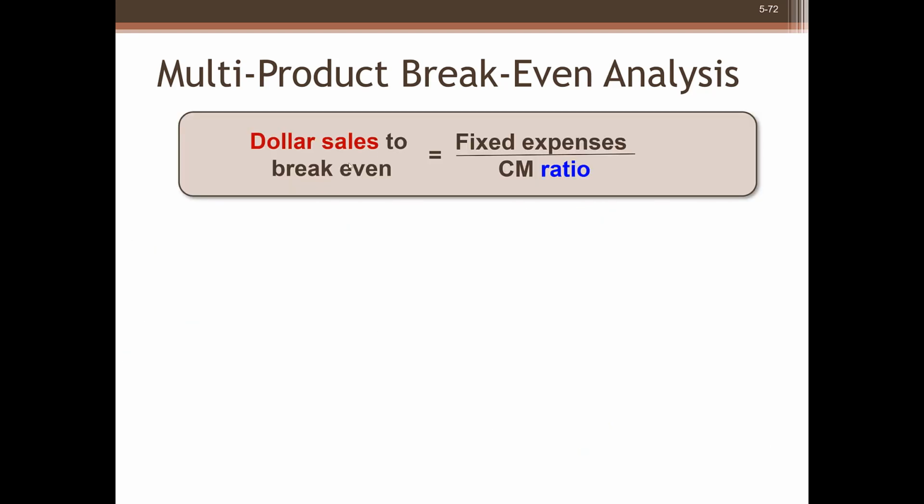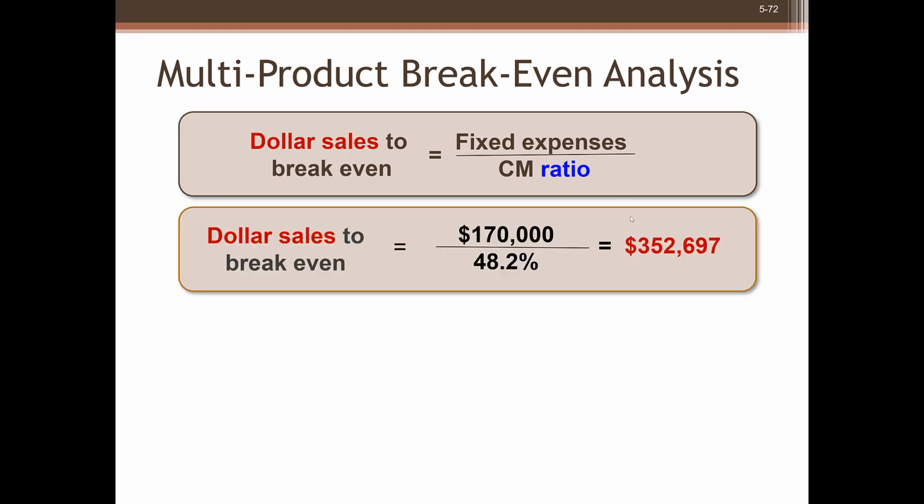If we want to get dollar sales to break even, this is the formula method. We use fixed expenses divided by contribution margin ratio. For total here, fixed expenses are $170,000. Contribution margin ratio for the company is 48.2%.